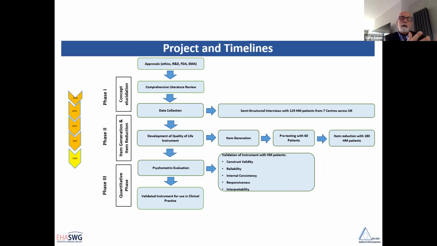And then analyze those using the appropriate analytical technique to develop themes and sub-themes, and from those generate the items, and then test it to see whether it does what it says on the tin. Next, please.